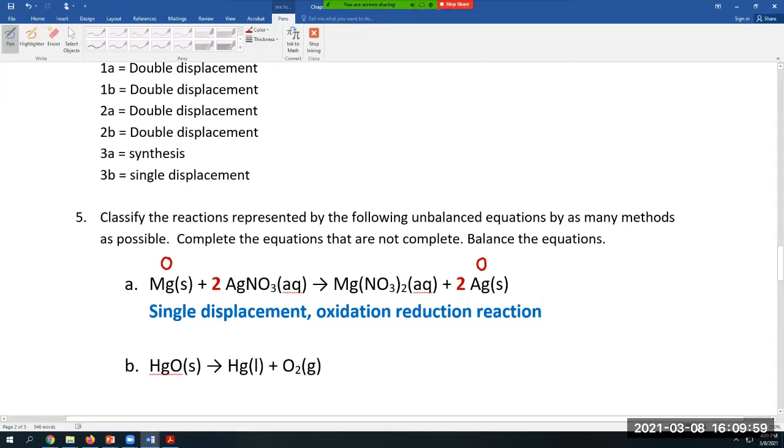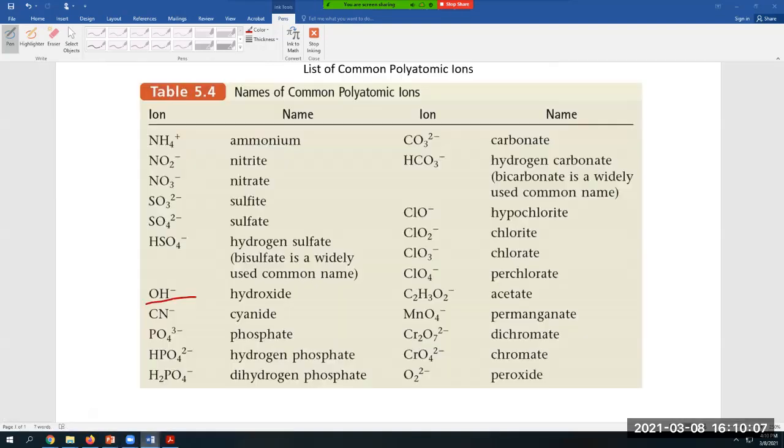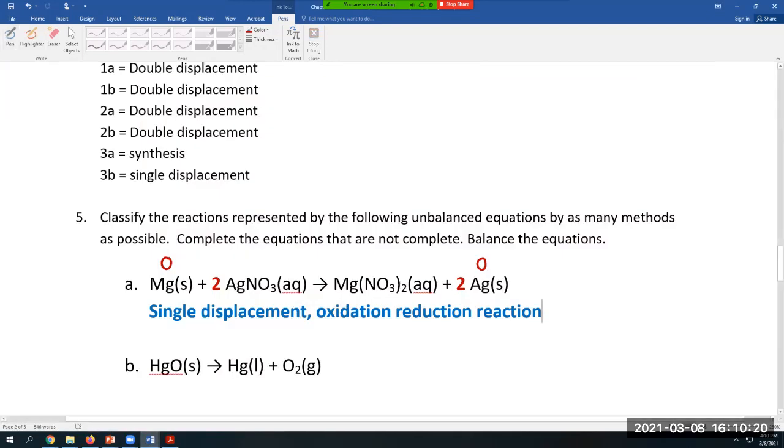So let's look again at silver on the left side. Let's look at the list of polyatomic ions here. You can see that nitrate is the NO3 -1 ion, right? So we have one negative charge on the nitrate. So the silver has to be +1 to compensate for that.